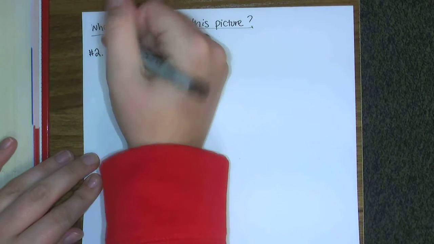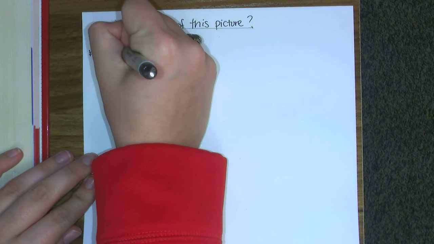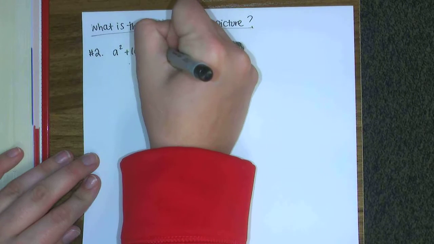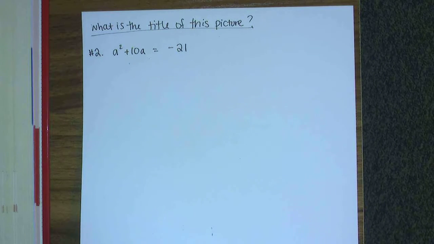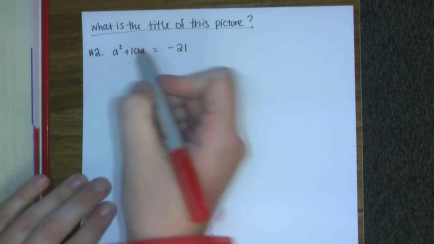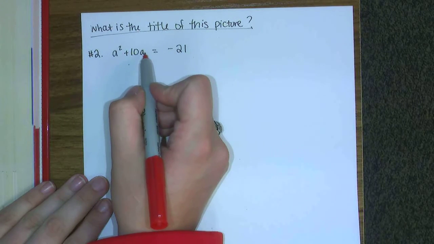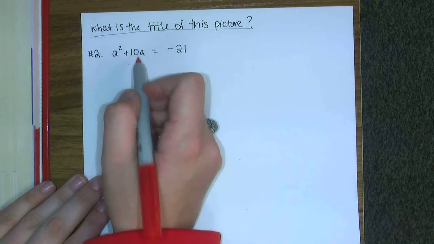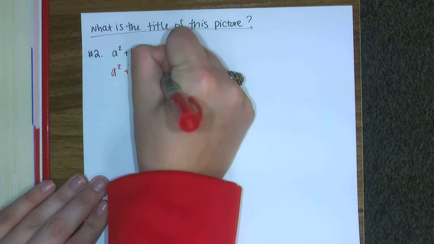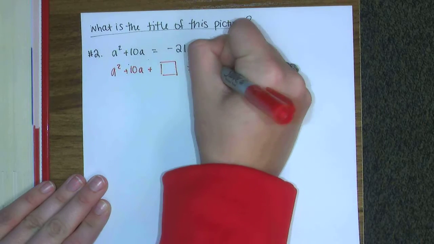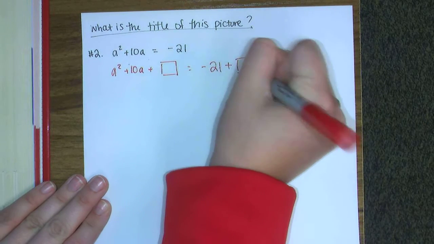Number 2. A squared plus 10a is equal to negative 21. When I do these, remember, I need to add a box to each side, because I have to complete the square. So a squared plus 10a plus box is equal to negative 21 plus box.